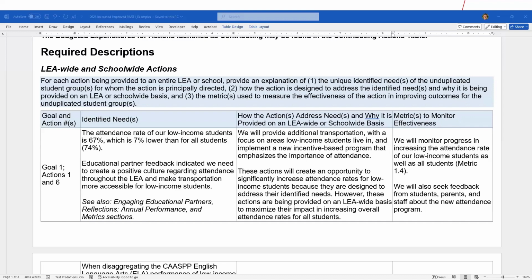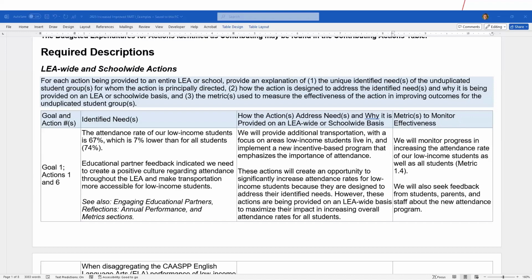So as you see, we will monitor progress in increasing the attendance rate of our low-income students as well as all students. That's metric 1.4. In this fictitious example, if this was a full LCAP and I went up to metric 1.4 in goal 1, I would see attendance rate, I would see LEA attendance rate, right?